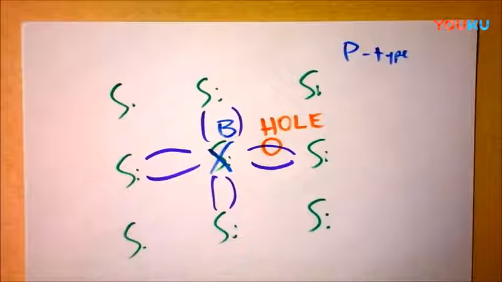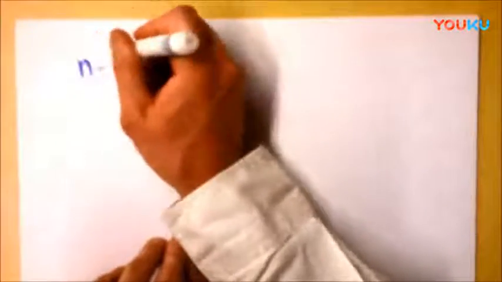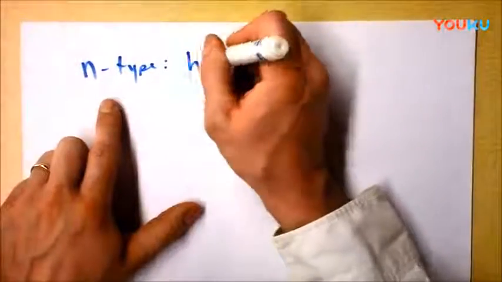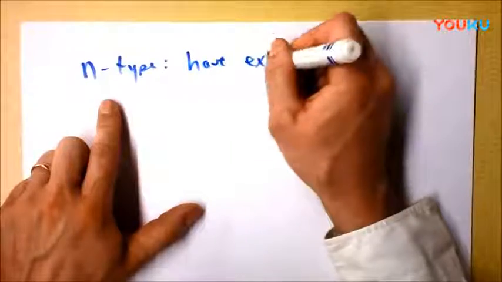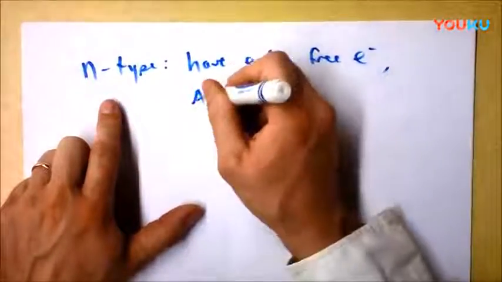So the thing is, if we dope silicon, let me start making this a little bit more beautiful here. If we dope silicon N-type, let's make a little summary. N-type semiconductors have extra free electrons, and they like it.